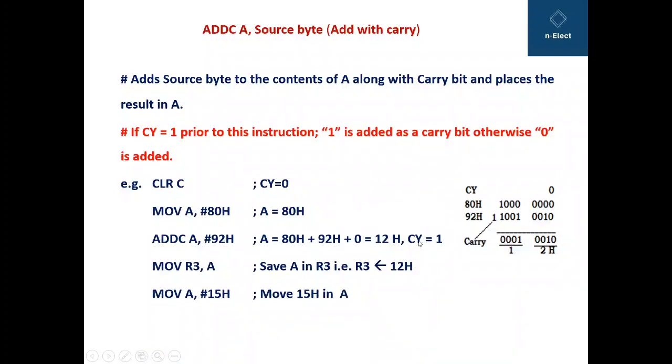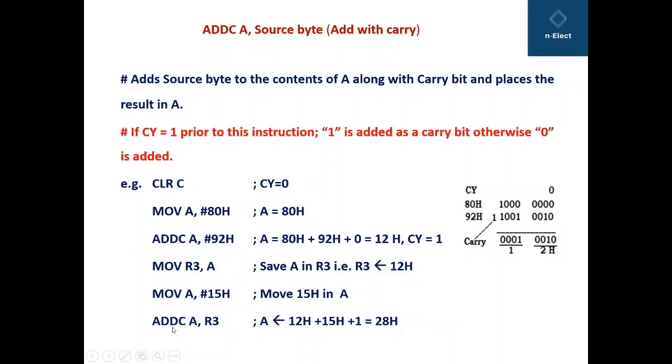Now carry is equal to 1, and we are moving further within the same program. So MOV R3, A: the contents of the accumulator, which are now the result, will be brought into R3. Then MOV A, #15H, so 15H data will be brought into the accumulator.